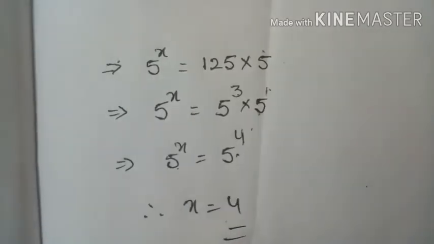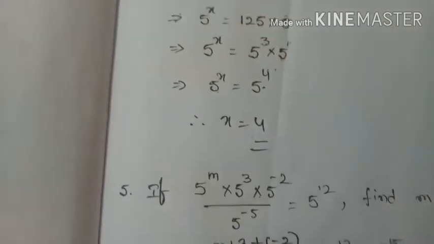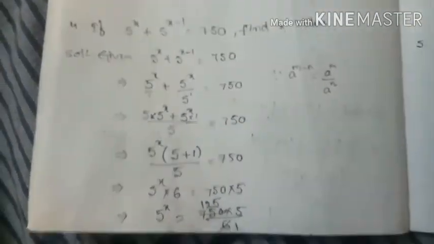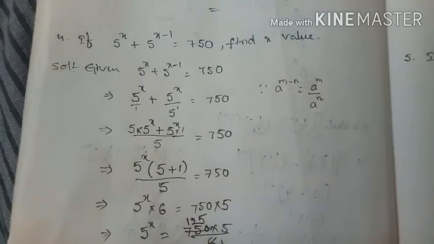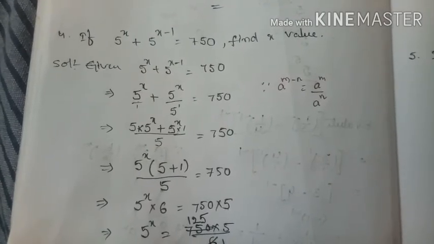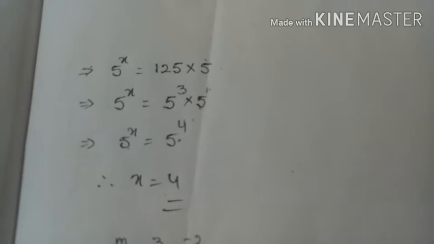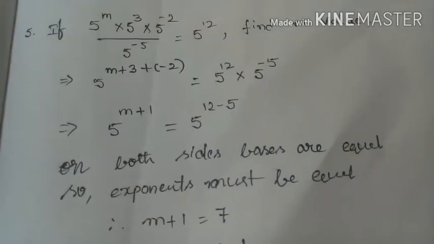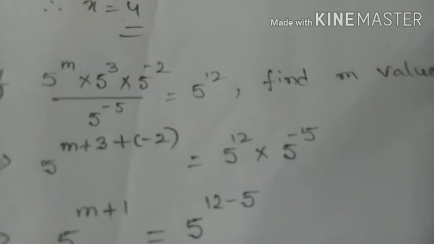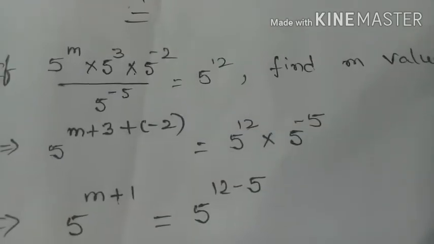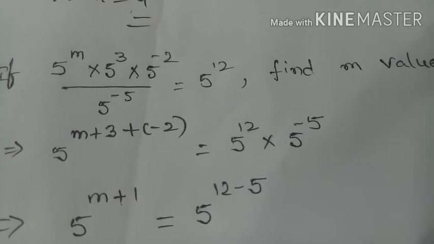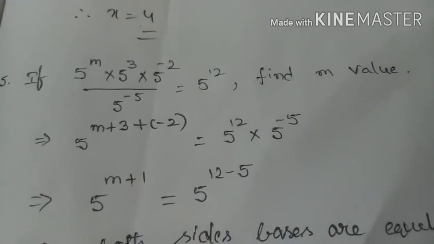Okay. Next sum. If 5 power of m into 5 power of 3 into 5 power of minus 2, whole divided by 5 power of minus 5, is equal to 5 power of 12, find the m value.